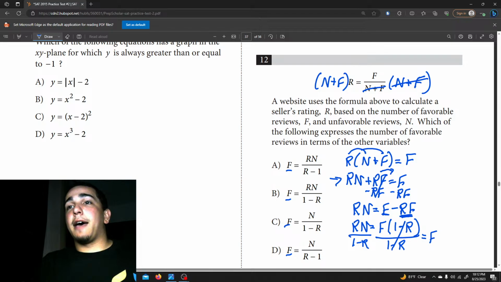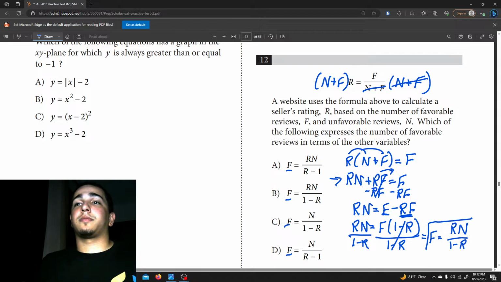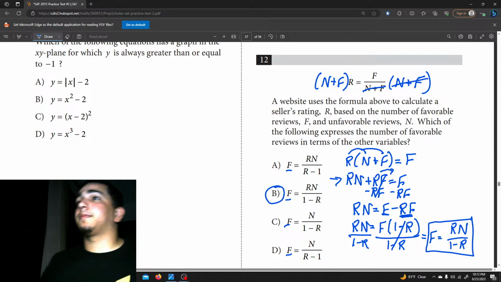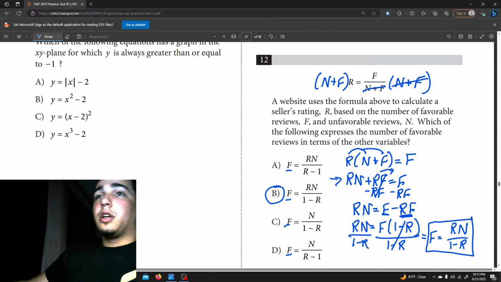And this gives us that f is equal to rn divided by 1 minus r, which is B. So if you thought the answer was B, you were correct.